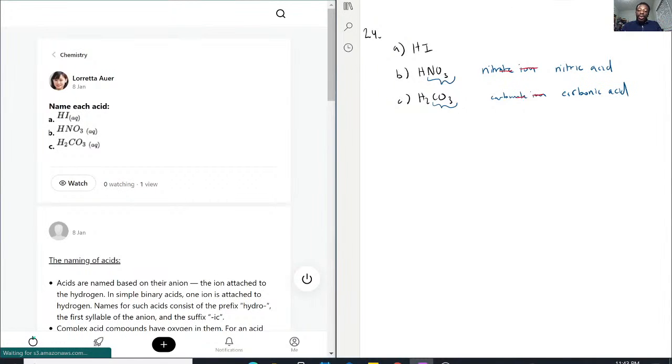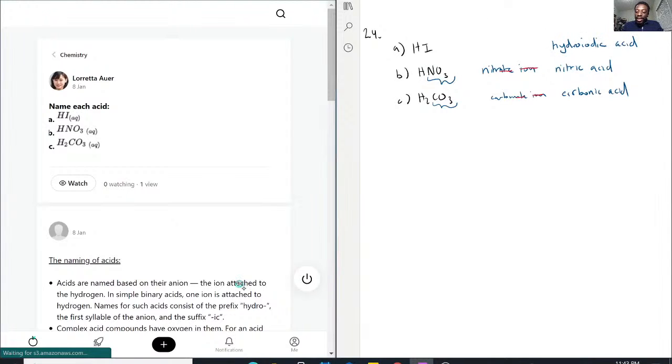Now this one is a little bit different. We don't try to call it iodate or anything because there are no oxygens there. For this one, it has specific naming where you just say hydroiodic acid. Let me just move this over there like the rest of them.